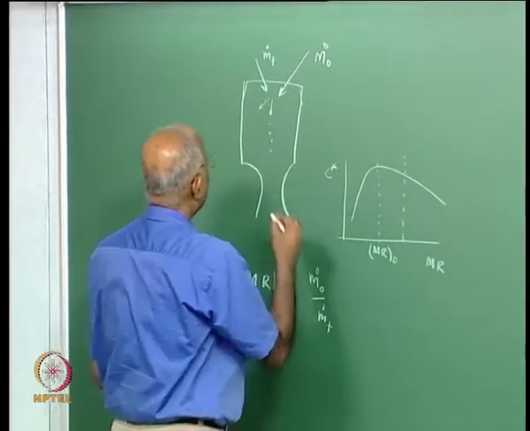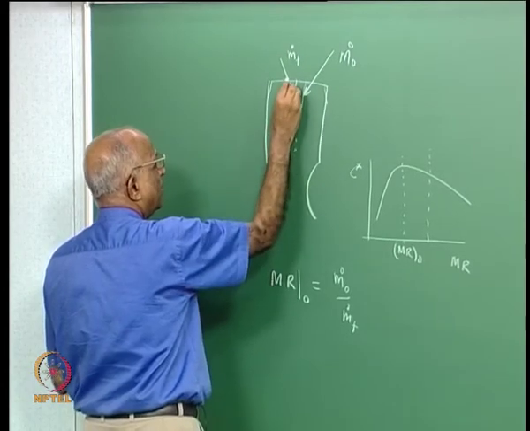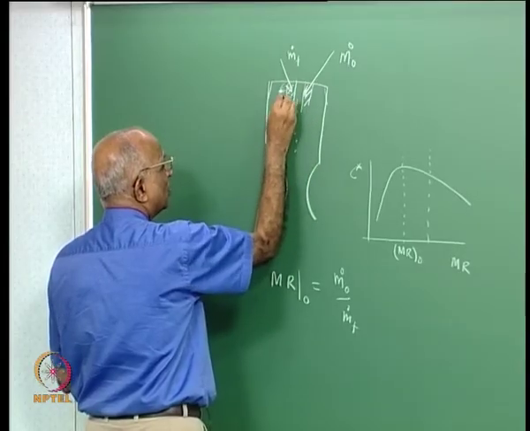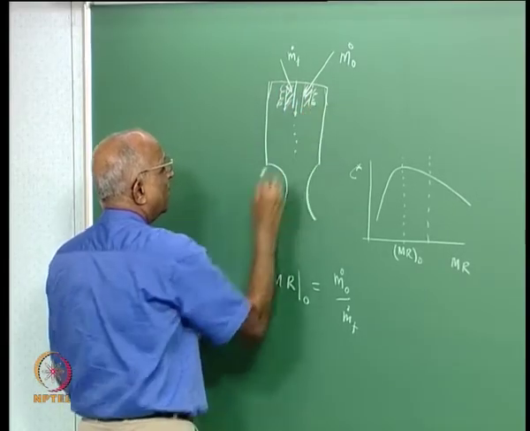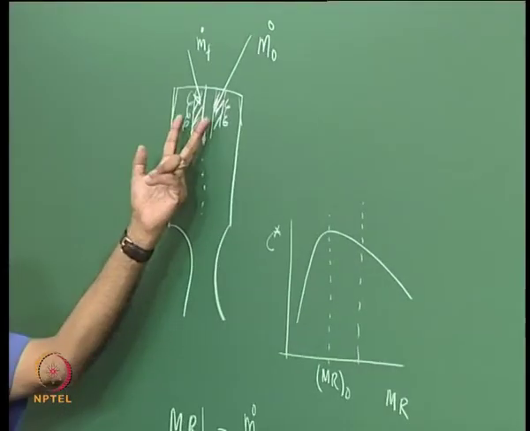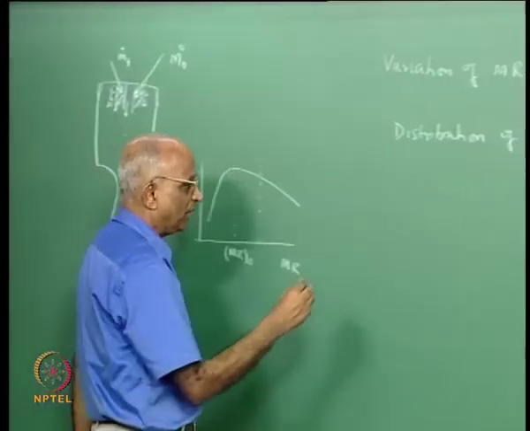Well, I tell myself, why not I compartmentalize? Maybe I look at a zone here, maybe I look at a zone surrounding this, maybe I look at a zone still surrounding this, and then I find the mixture ratio at the different zones and then have something like a distribution parameter. Let me explain it through another figure.